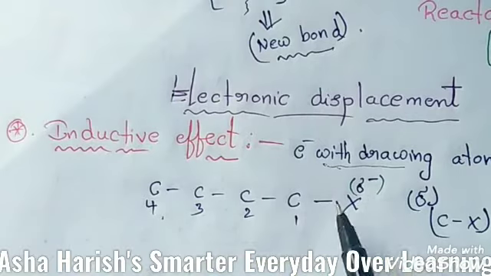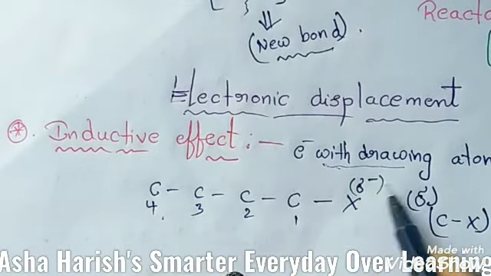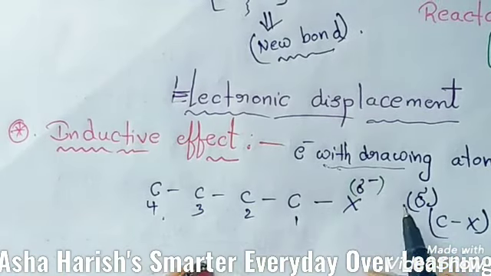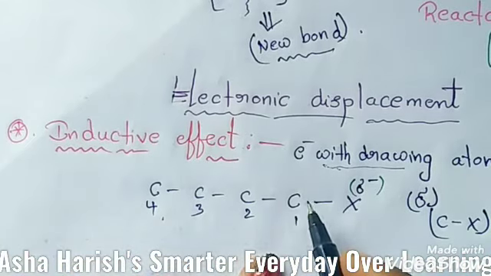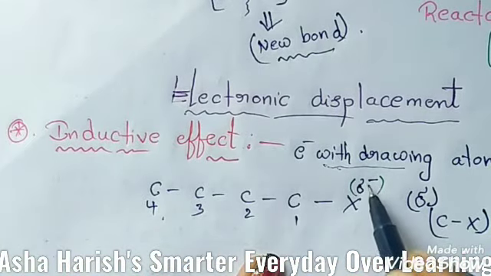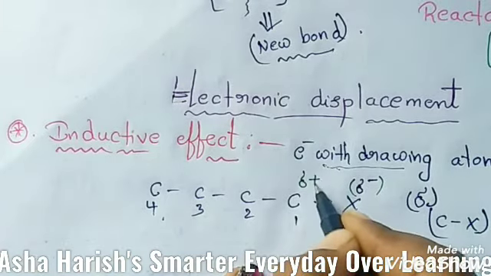As a result, the atom X acquires a small negative charge, delta minus, and C1, the first carbon, acquires a small positive charge, delta plus.